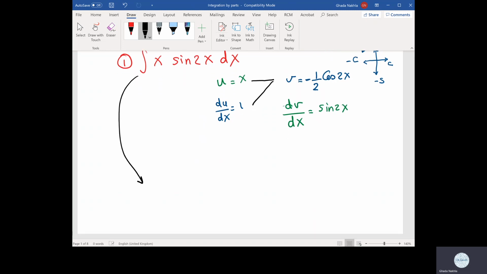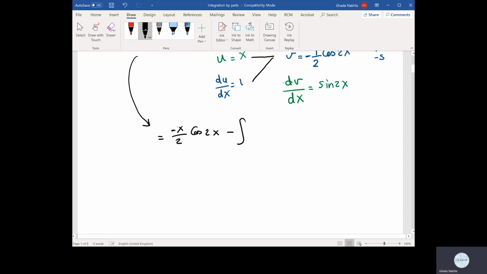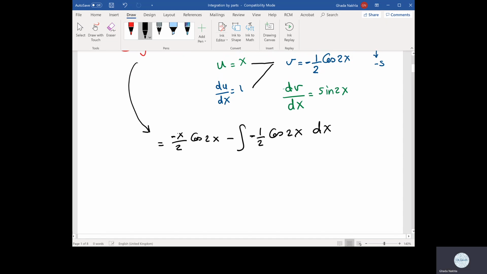So the integration of this is equal to u times v, which is x times minus x over 2 cos 2x, minus the integration of minus a half cos 2x multiplied by 1 dx, which is v times du by dx, dx.